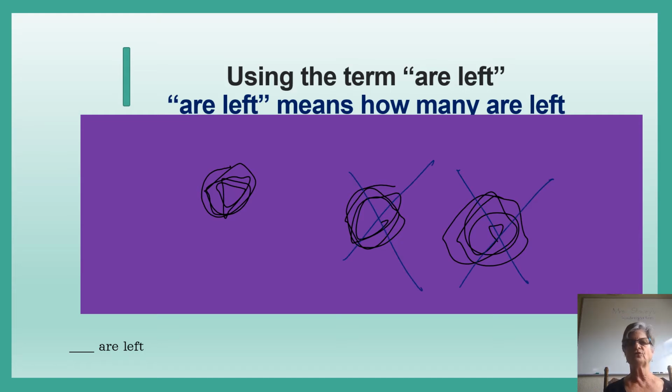Now I count the balls that do not have an X on it, and that is the ball that is left. 1 ball is left. So do you see in the bottom left-hand corner, I have the words blank are left. I'm going to write the number 1 because 1 ball is left. Now I'm going to erase that and we're going to do another example.